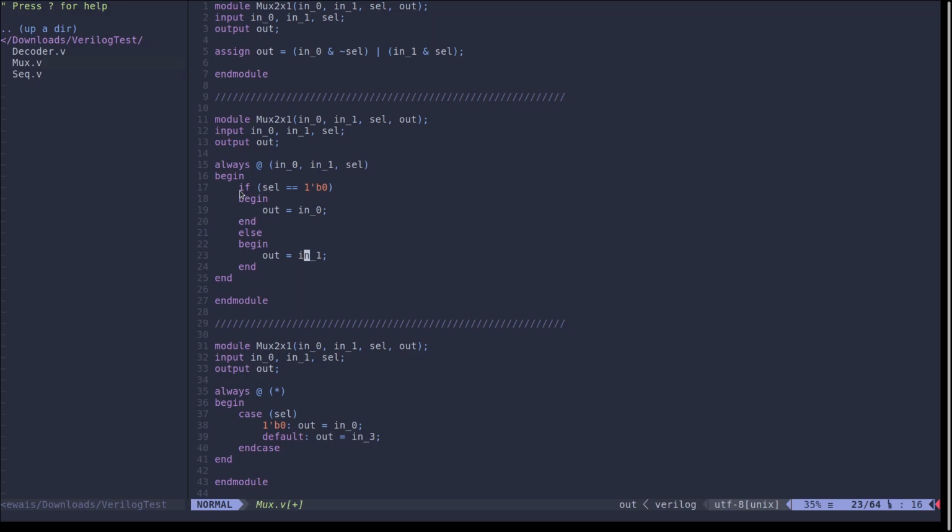That is the risk of behavioral description, and so that's why you have to understand how behavioral description works in detail. You have to understand how the CAD tool, how the synthesis tool understands behavioral description, how it converts it to hardware. You have to understand common descriptions and how they correspond to, say, muxes, decoders, latches, or flip-flops, and so on.